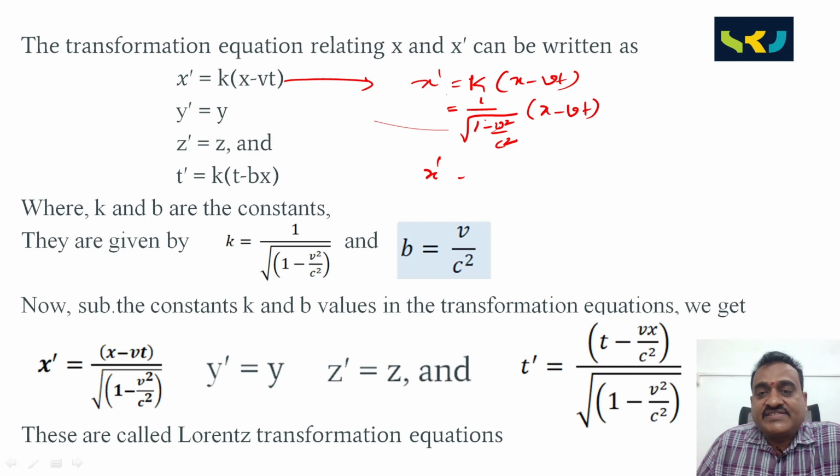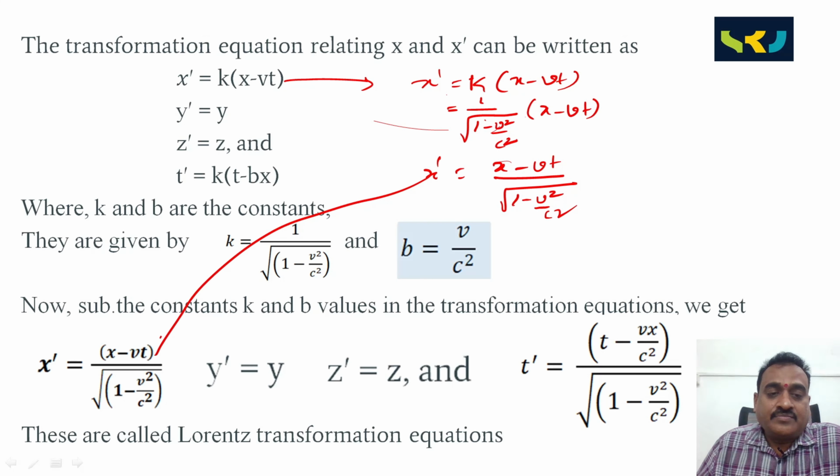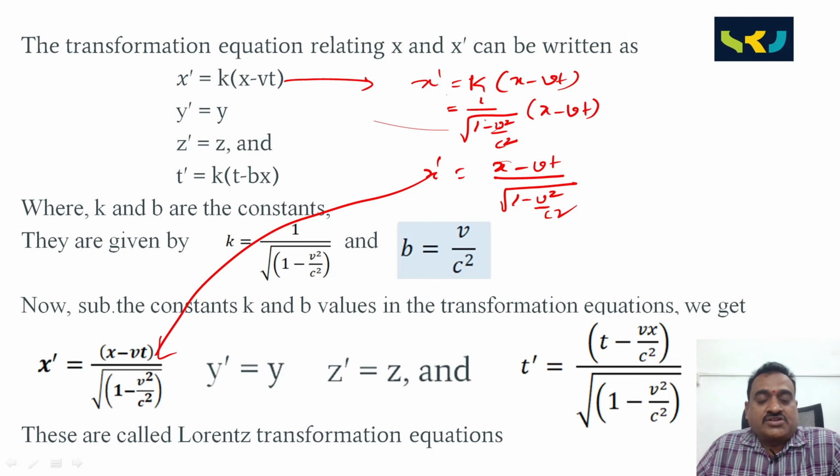So, x dash is equal to x minus Vt all divided by root of 1 minus v square by c square. So, this is the x dash equation.